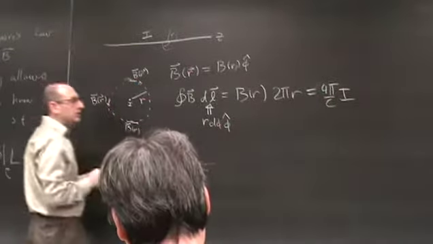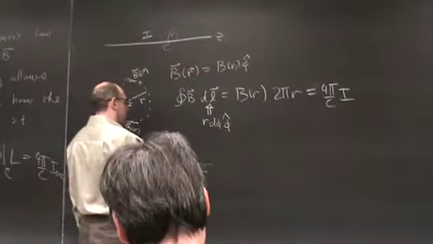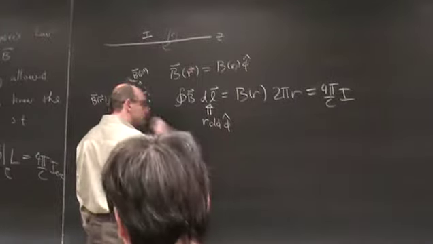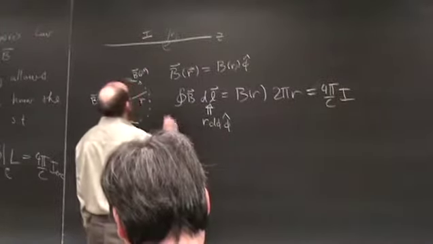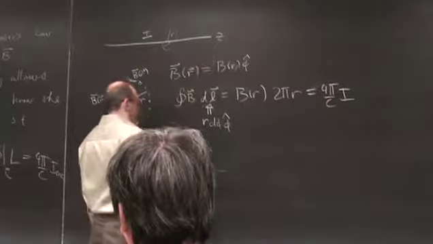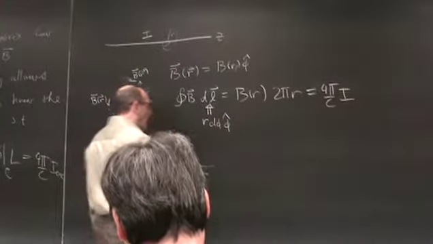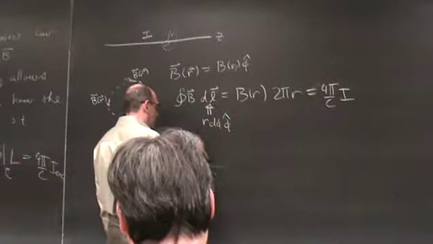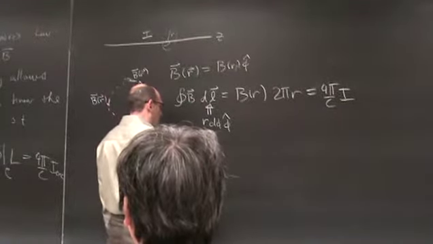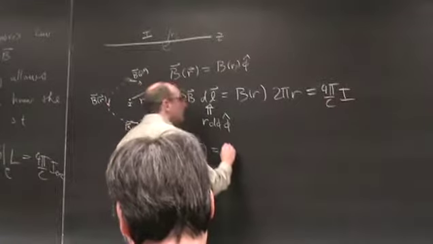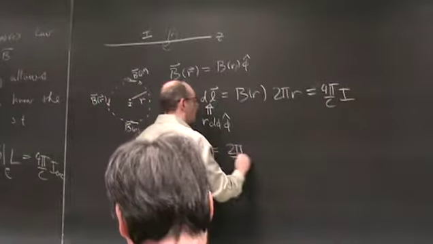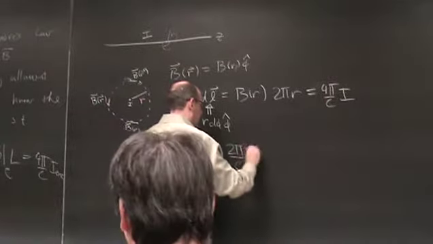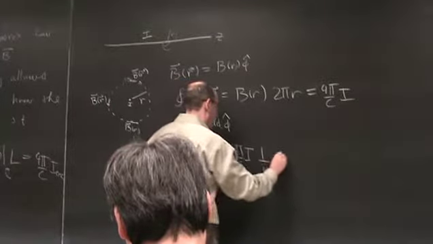And so what we find is that the magnetic field associated with an infinitely long wire, or something which is approximated that way, B of r is equal to 2 I over c, times 1 over r in the phi hat direction.